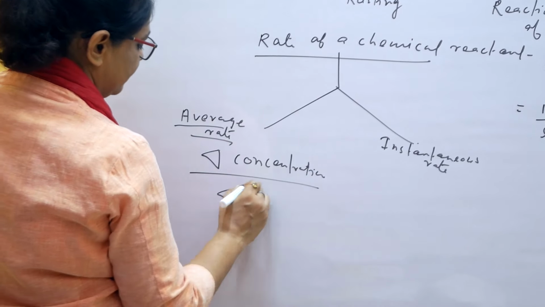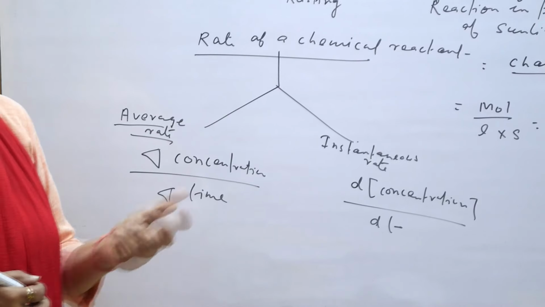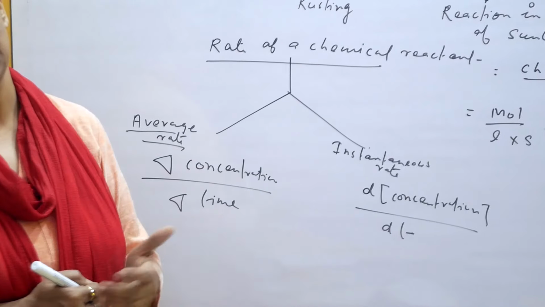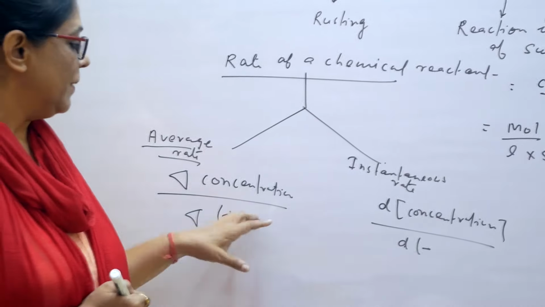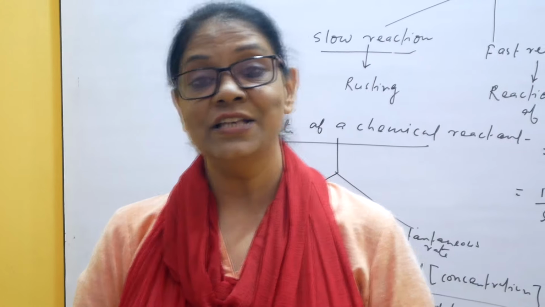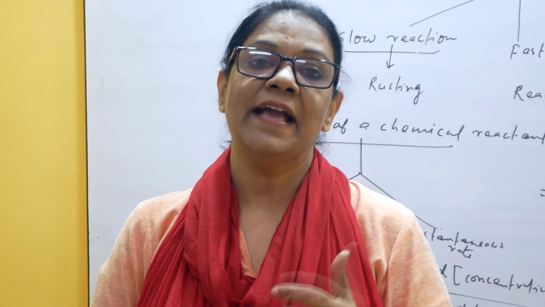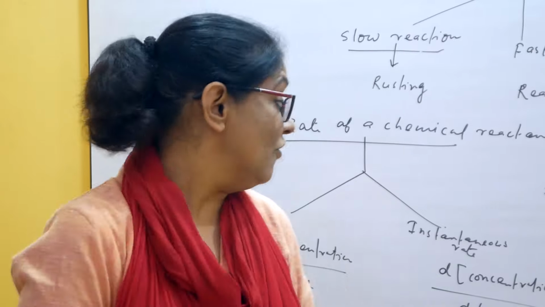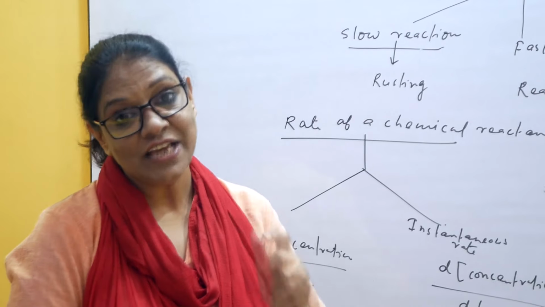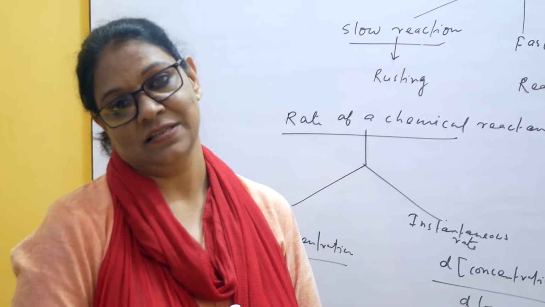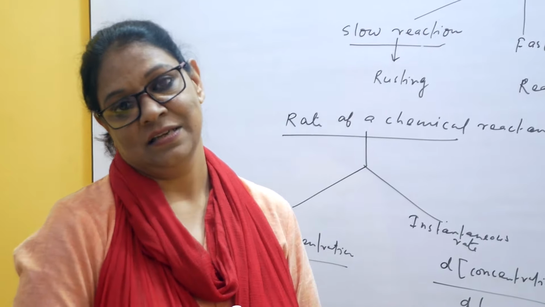This is not a big issue. While you are solving numericals we can use any form. This is most popular, but you must know that average rate and instantaneous rate are two different terms. For average rate we calculate rate for a fixed interval of time, whereas for instantaneous rate we take regular intervals of time. These are the two differences.